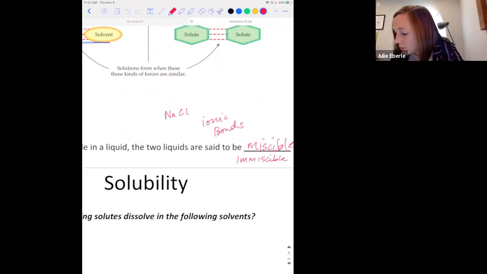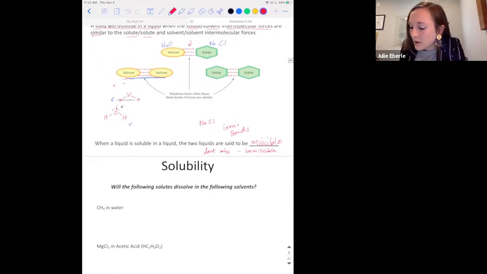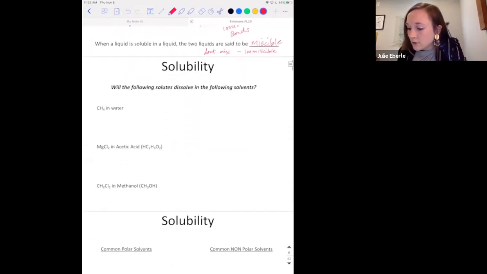If they're miscible, they mix. If they're immiscible, they don't mix. So oil and water would be immiscible. What would be another example? Methanol and water would be miscible. Methanol, acetone and water are polar things that are both liquids. Those would be miscible. So let's do a little review here.